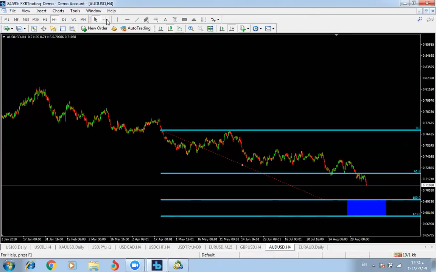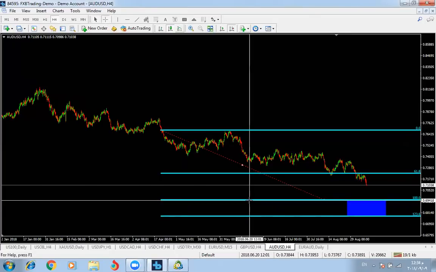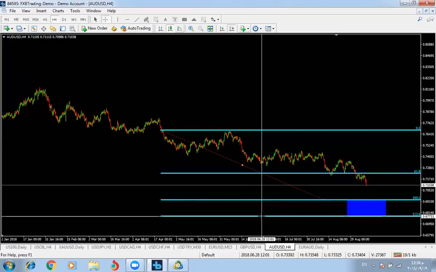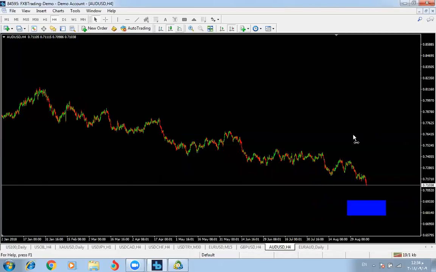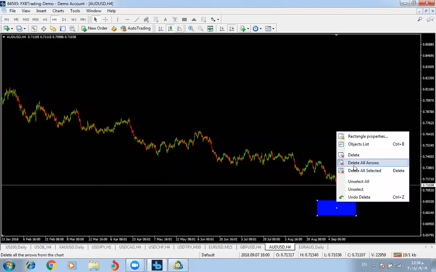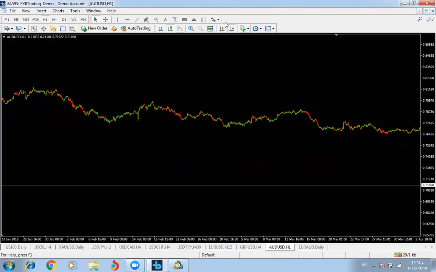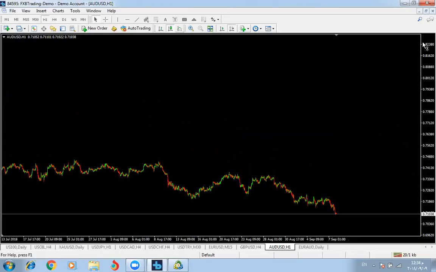It is around equality between the two legs, 69.40 to 67.70. This is the target area for the Aussie dollar. Let's go to the 1 hour time frame.